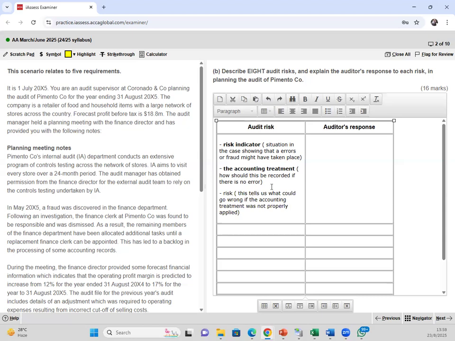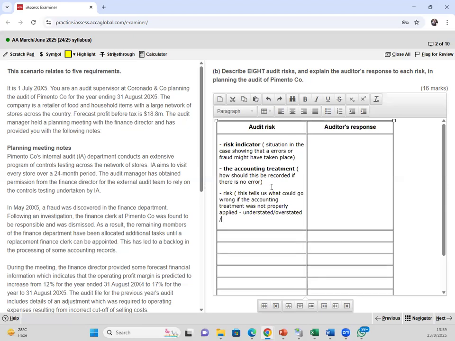So it must specify whether it's understated. What could be understated, what could be overstated, what could be misstated. Then you get your full mark.